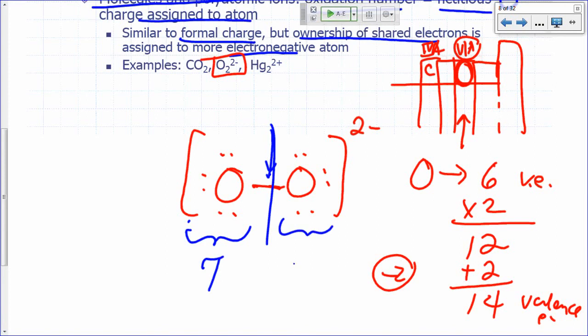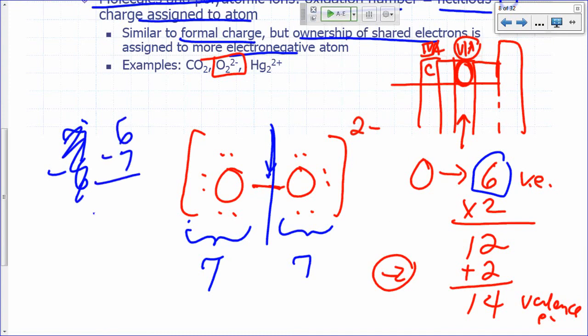And how many does this appear to own? 7 valence electrons. Normally an oxygen atom would have 6, so this one appears to have gained 1, right? So 6 minus 7 would be -1. So we say the oxidation number of this oxygen is -1. The oxidation number of this other oxygen is also -1.